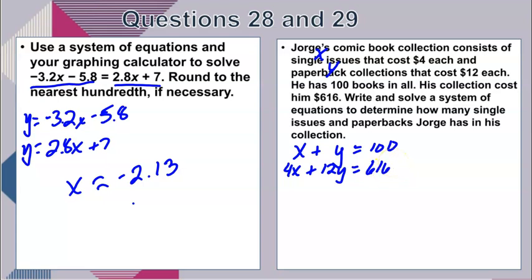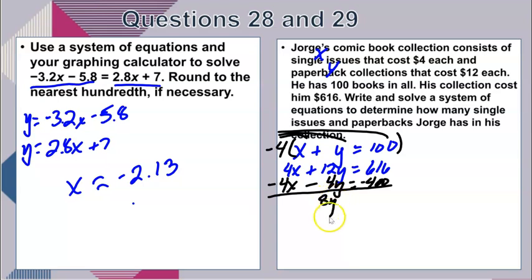Now you can either use substitution or elimination. I'm going to use elimination here, so I'm going to multiply this top one by a negative 4, and I'm going to be eliminating the x so I can find my y. So I distribute the negative 4, and that's going to give us a negative 4x minus 4y equals a negative 400. And this is going to give us 8y equals 216.